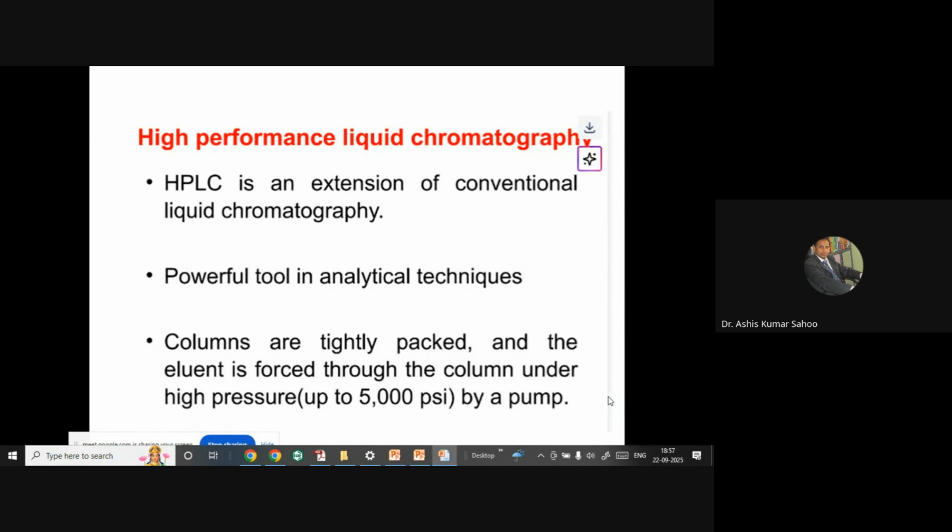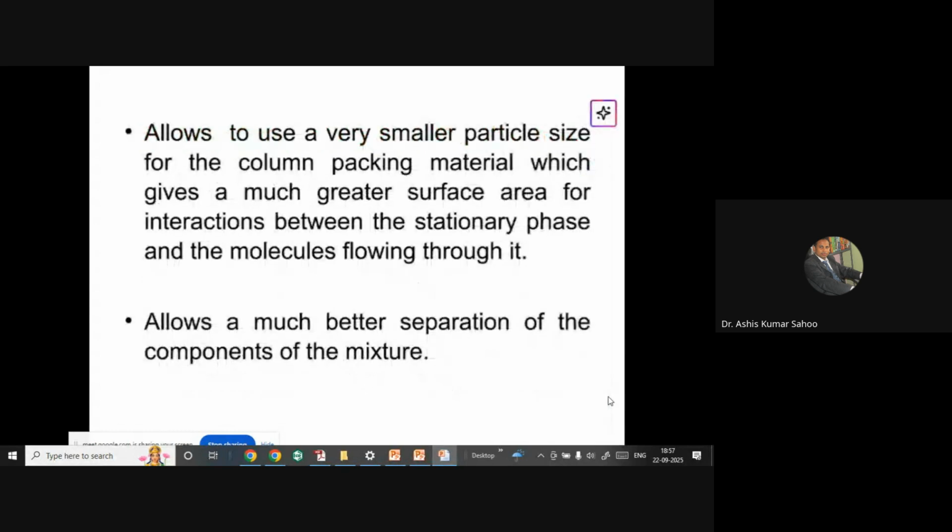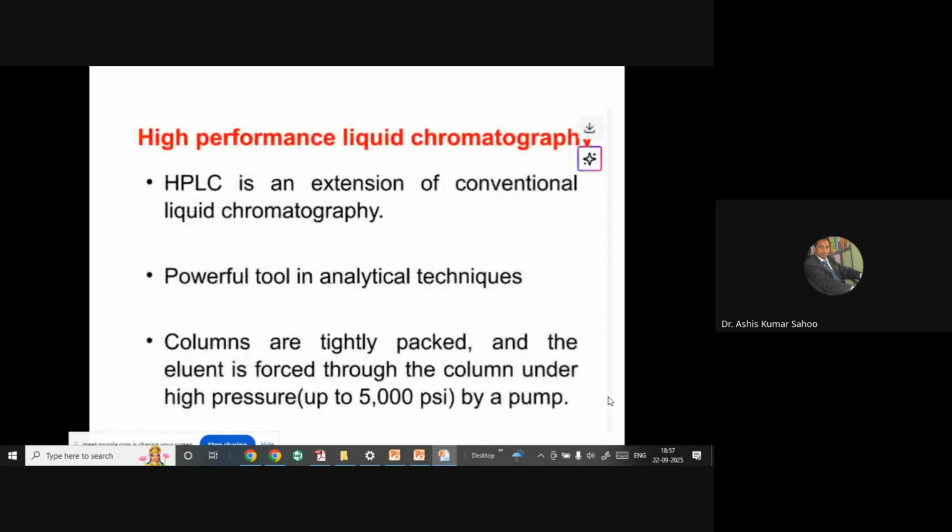So the solvent passes through this column. This allows the use of a very small particle size for column packing, which gives a much greater surface area for interaction between the stationary phase and the molecules, and allows much better separation. These are the different characteristics of HPLC.